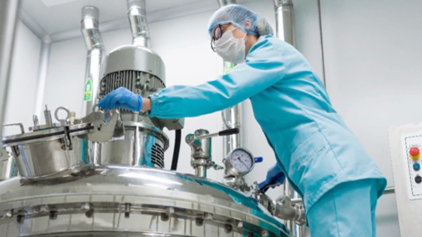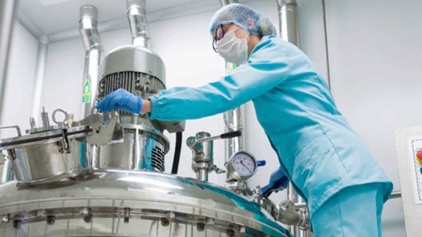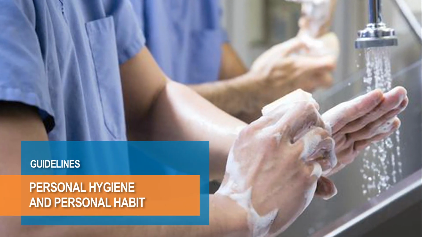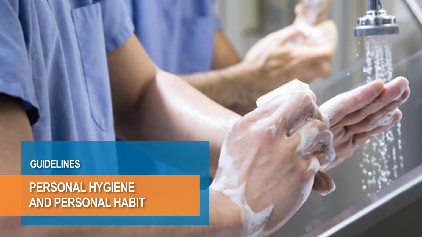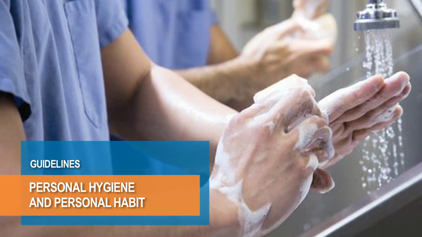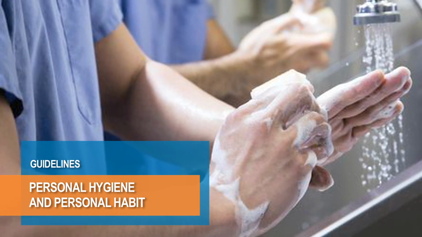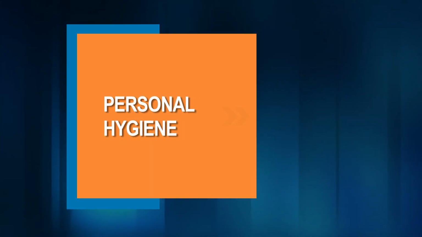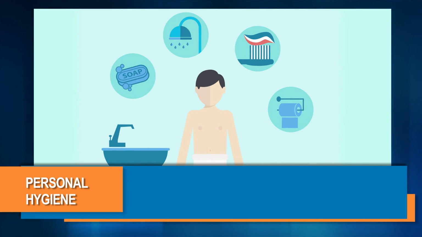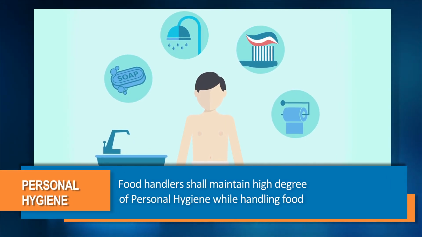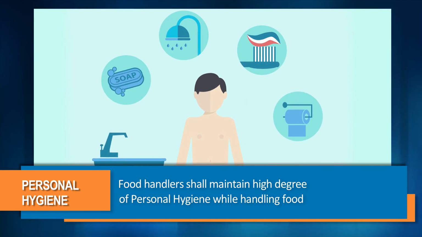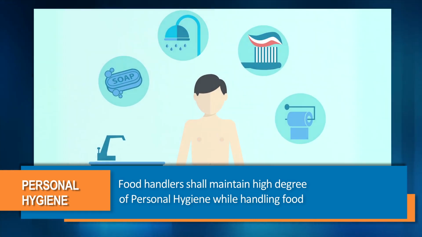In this video, we will learn about the personal hygiene and personal habit requirements for the food handlers to ensure hygienic preparation of the food products. All the food handlers shall maintain a high degree of personal hygiene while handling food.